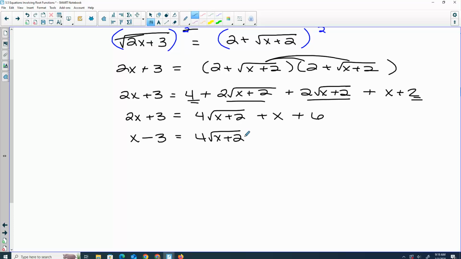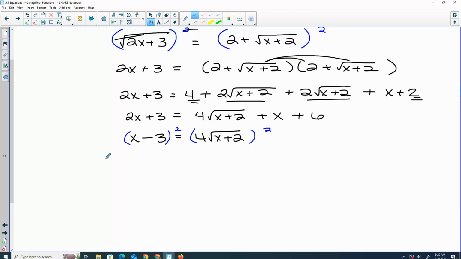What would you do here? We've had problems that started this way. Well, the 4 is a multiple. All you have to do is square it. We have to square again. So these problems are a lot longer because we have multiple square roots at the beginning. So we had to square twice.